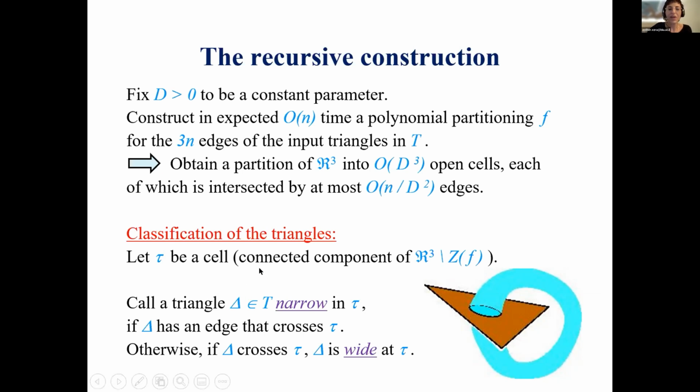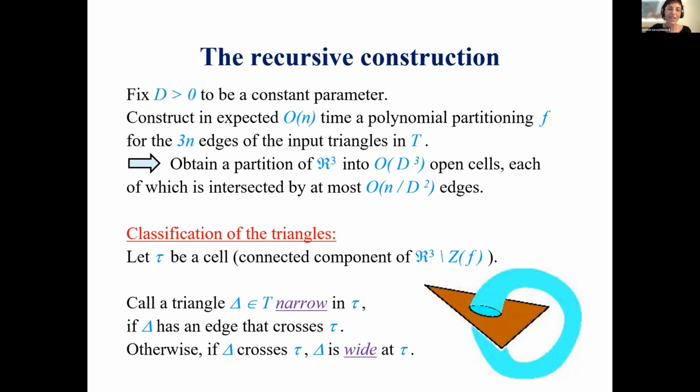Then we classify the triangles within the cells of the partition. These are the connected components of the complement of the zero set. In this picture, one of the cells tau is a torus. Now we classify the cells according to the manner that they intersect tau. Not the cells, so the triangles.